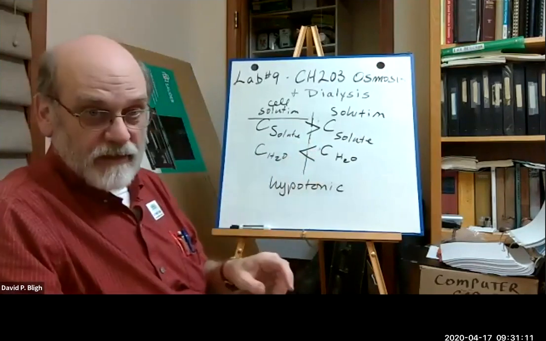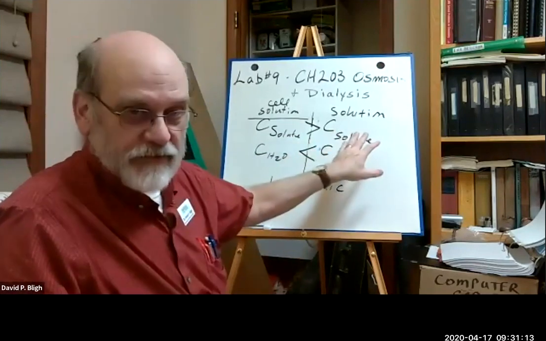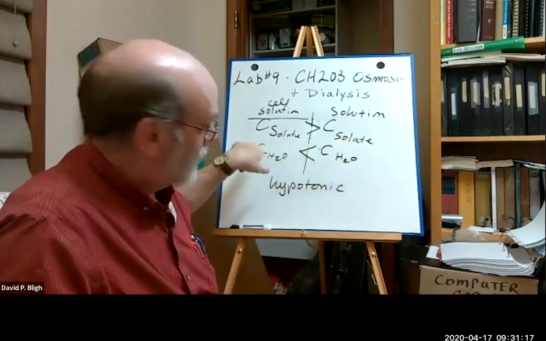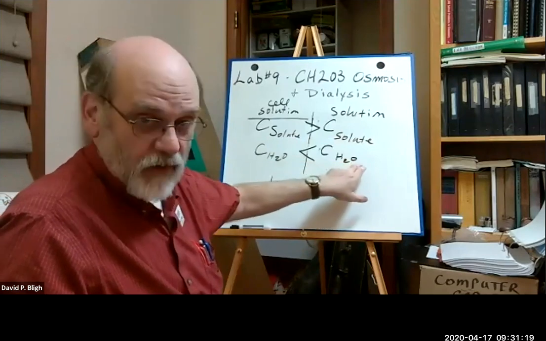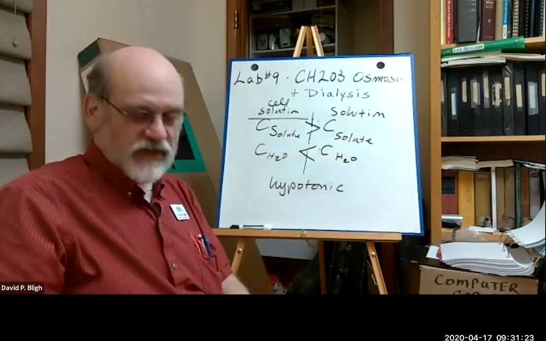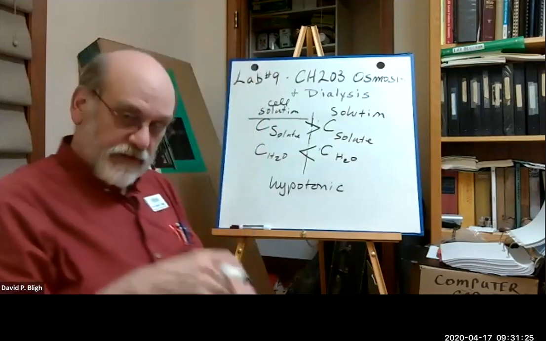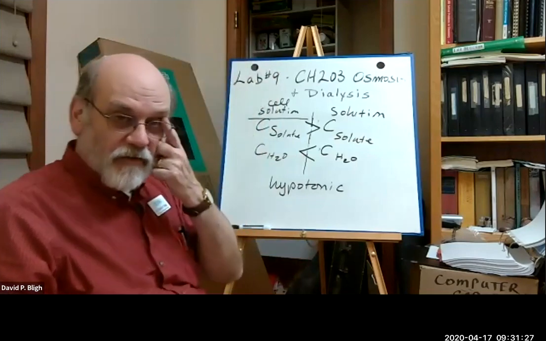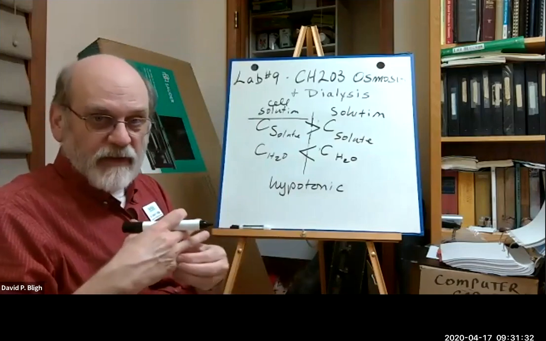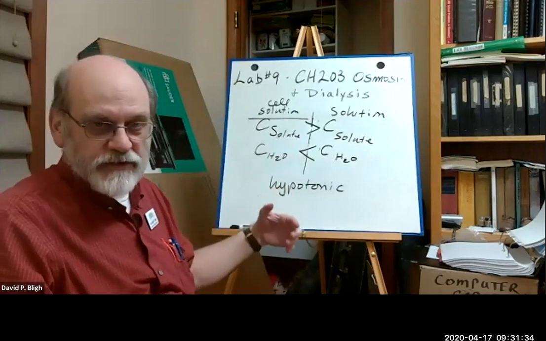So for hypotonic solutions, the pressure for water is to move into the cell because it has a higher concentration outside than inside. And you may often hear in discussions of movements of atoms and molecules, the water follows a concentration gradient.